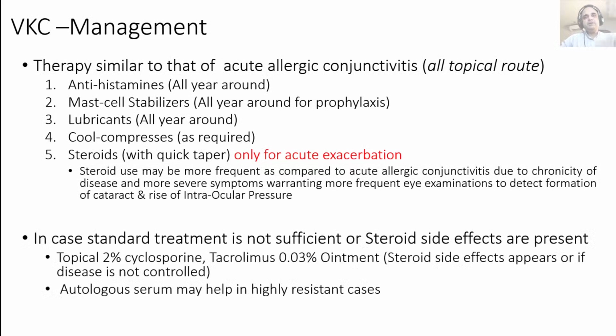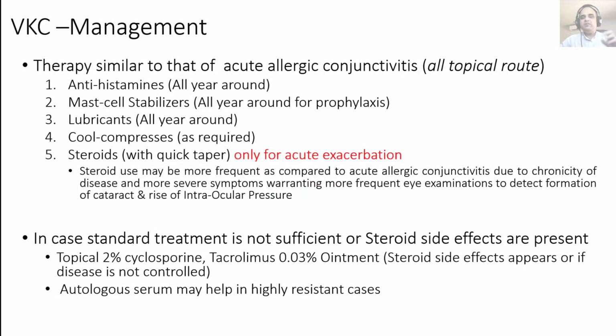If this treatment is not sufficient or you're getting steroid side effects, you can use cyclosporin or tacrolimus ointment. Both of these drugs can be used if either the steroid side effects appear or if the disease is not controlled. Autologous serum is also something that really helps. It's basically your own blood, which has been centrifuged, the serum component removed, mixed with artificial tears, and given as a treatment.